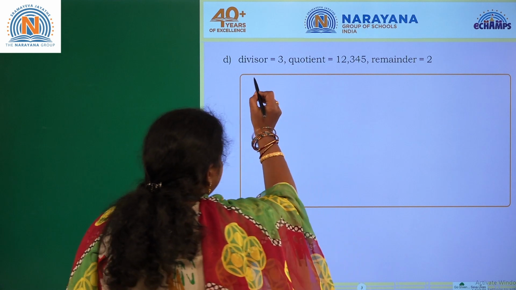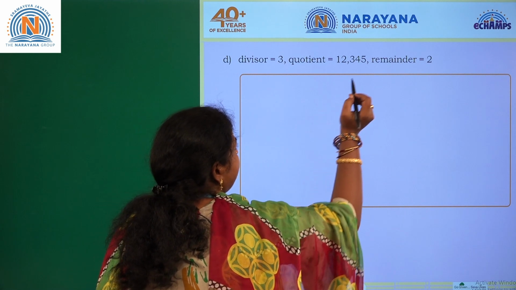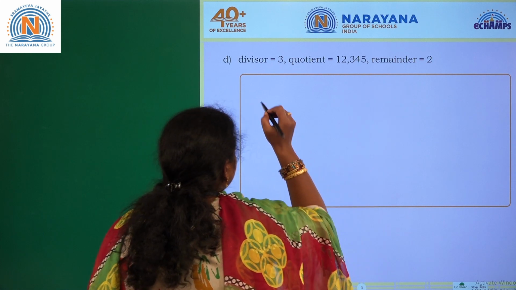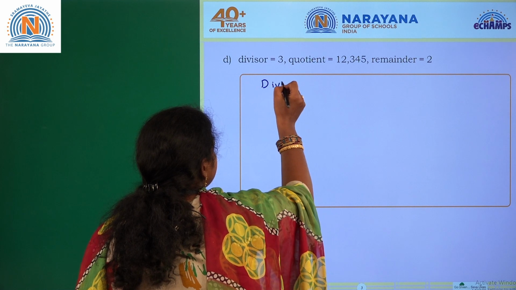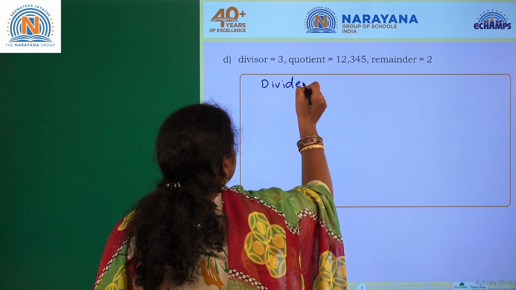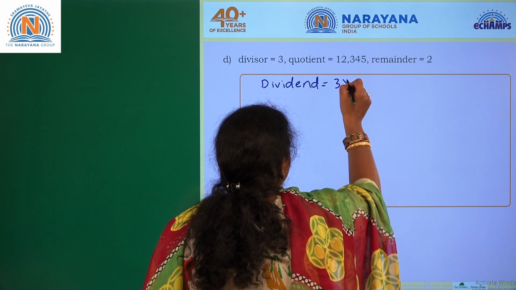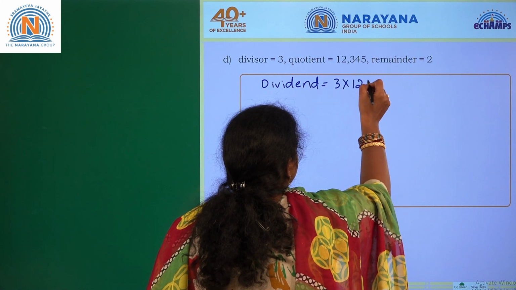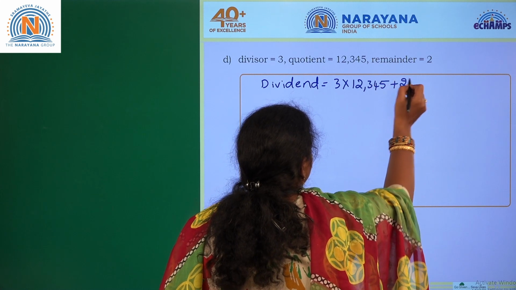Next one is divisor equal to 3, quotient is 12,345, remainder is 2. So we have to find the dividend. Dividend is equal to divisor 3 into quotient 12,345 plus remainder, that is 2.